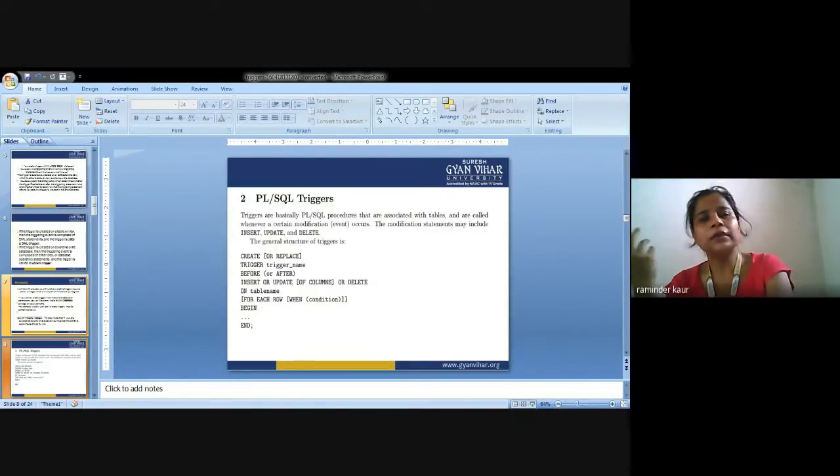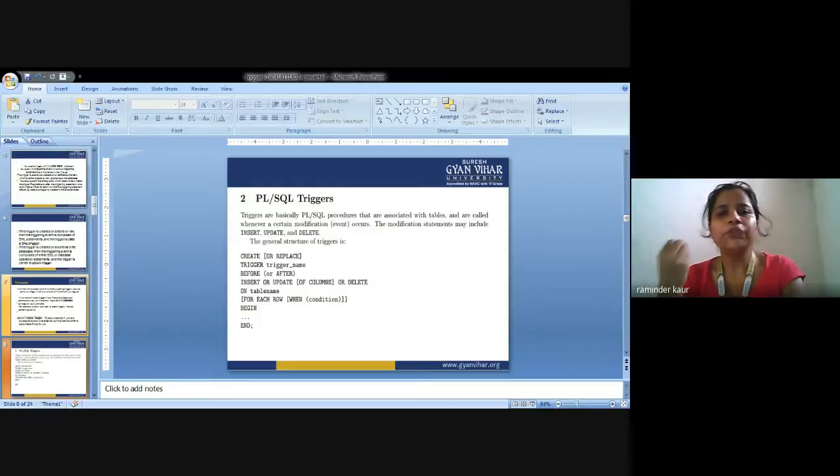Like any other programming language, variables in PL SQL must be declared prior to their use. They should have a valid name and data type as well. For example: variable name, data type, NOT NULL := value. They are defined as variables are in other programming languages.